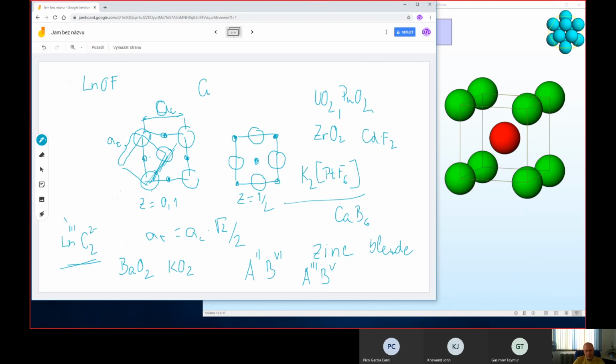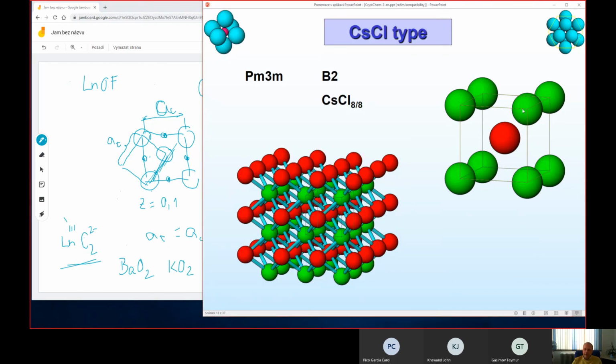And also cuprous oxide, Cu2O, can be considered as a cubic array of oxygen atoms. So let's consider the oxygen atoms on green positions, and then in the center you put an oxygen atom, but in fact a cluster of oxygen and 4 copper atoms.